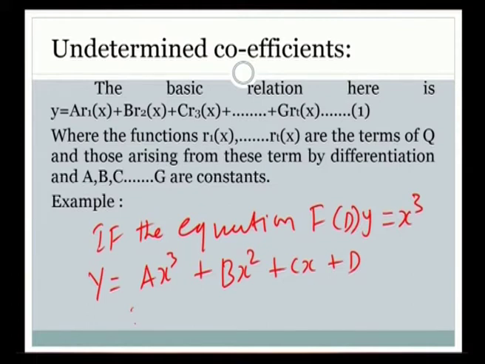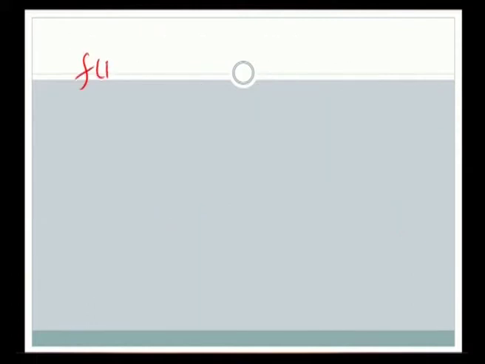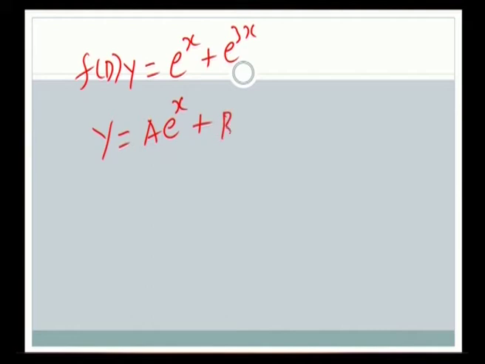If the equation is f(D)y = e^x + e^3x, we take y = a e^x + b e^3x. So, this is how we need to set the given function if the given differential equation is like this.